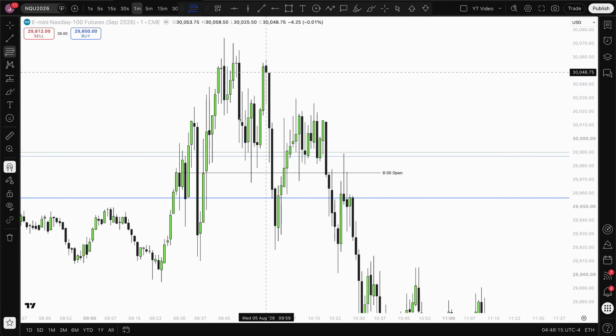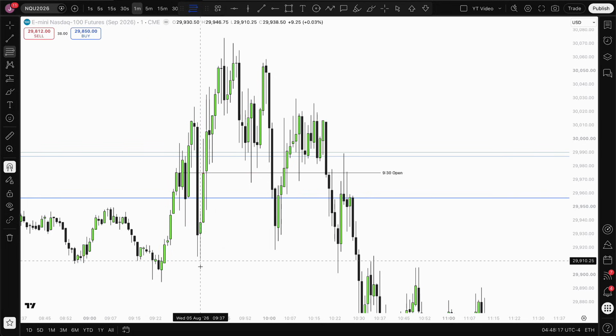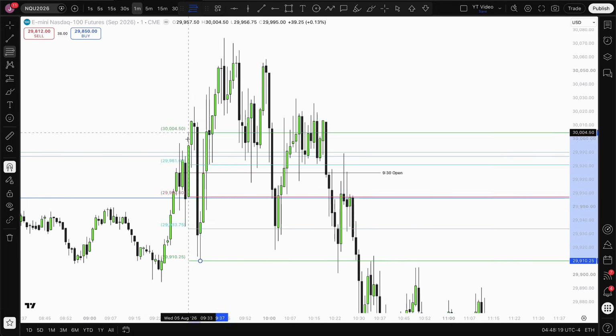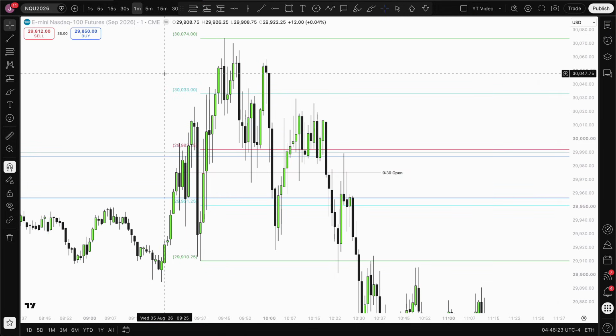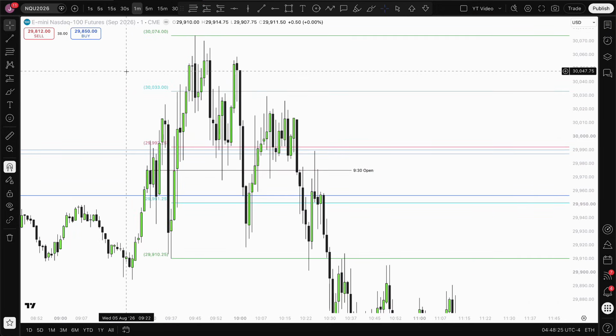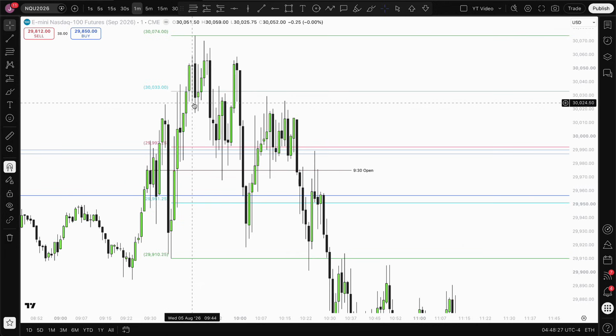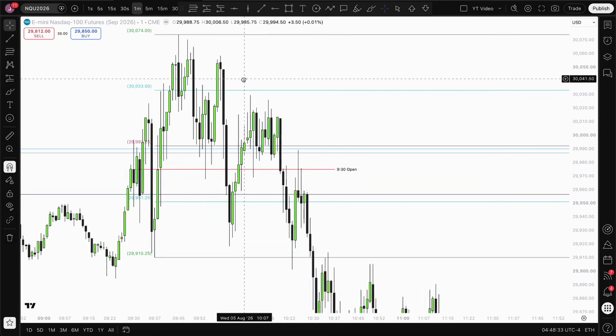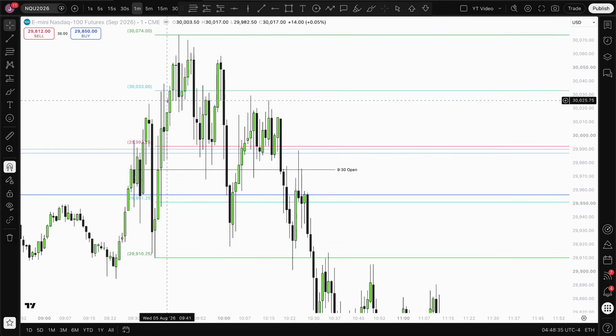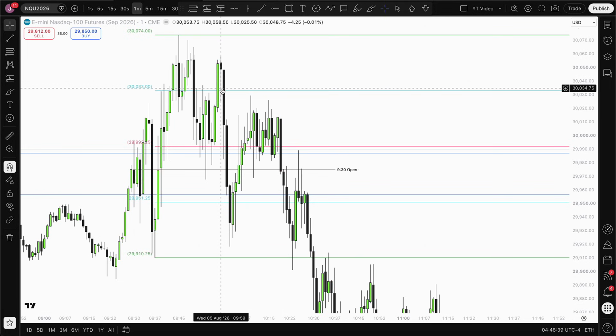So what we do is take the Fibonacci tool and draw it from the previous 30-minute cycle. As you saw, I took a trade after 10 a.m., so the previous 30-minute cycle is from 9:30 until 9:59.